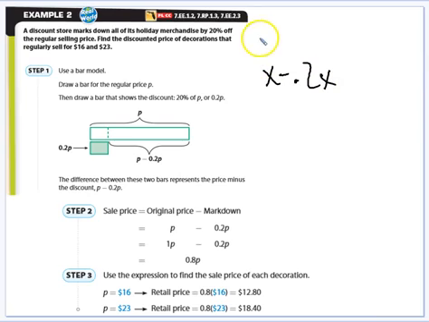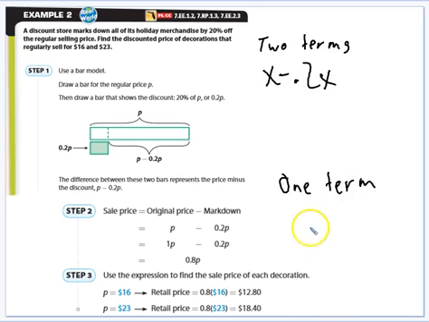You can either write it with this, which is 2 terms, or you can make it 1 term by subtracting the like terms and getting 1 term, which is 0.8X. And remember, there's a 1, that's why you get 0.8. Okay? When you work it out, you just do 0.8 times 16 and then 0.8 times 23 and you get your answers.